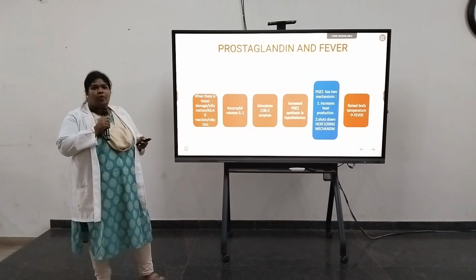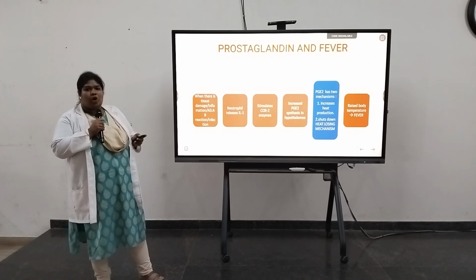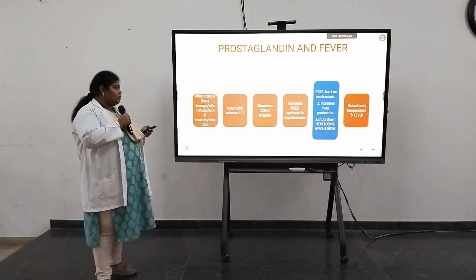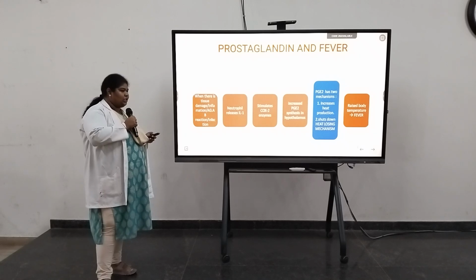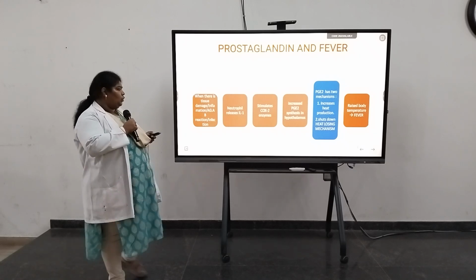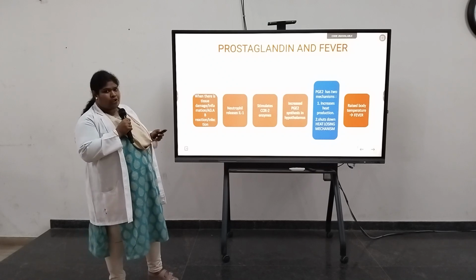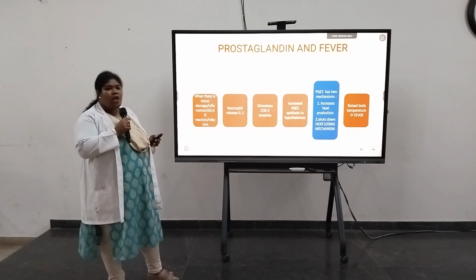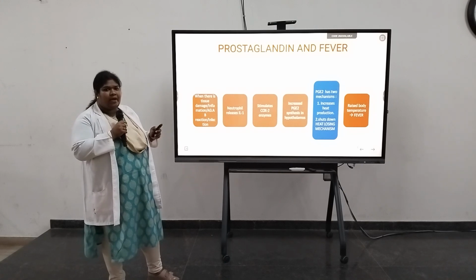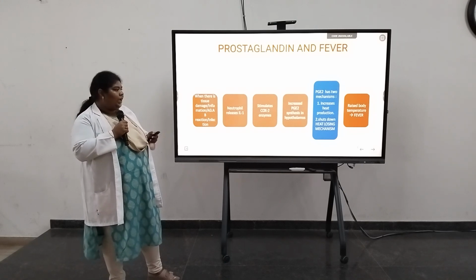Coming to fever, how are prostaglandins involved in causing fever? Whenever there is tissue damage, an antigen-antibody reaction, or any infection, neutrophils release interleukin 1, which stimulates your COX-2 enzyme. As we discussed earlier, COX-2 is a major enzyme which is mainly inducible in inflammation, which will lead to increased levels of prostaglandin E2.